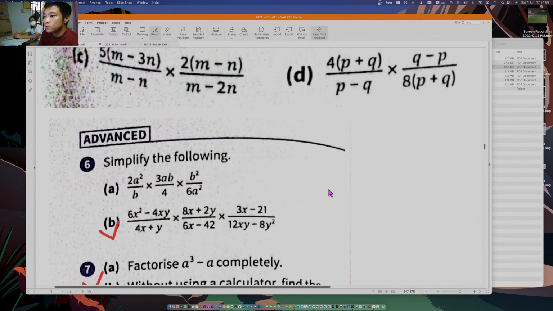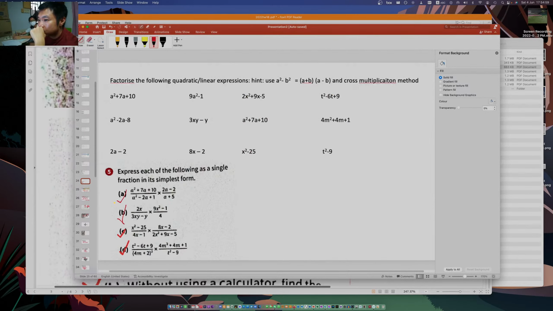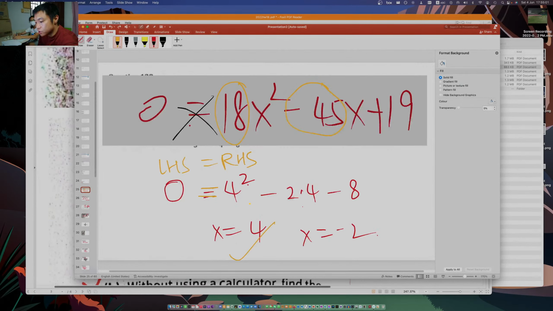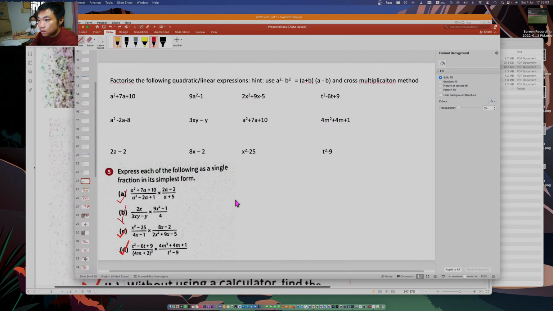So why we end up with this is because you asked me the question, right? What is the use of factorization? The use of factorization is to solve questions like this one.